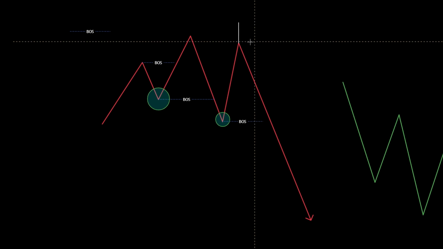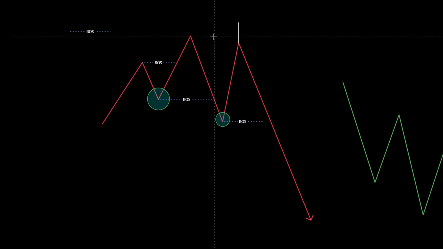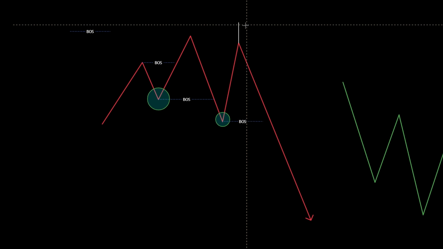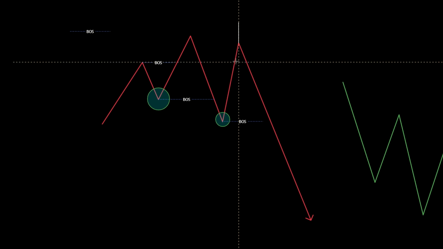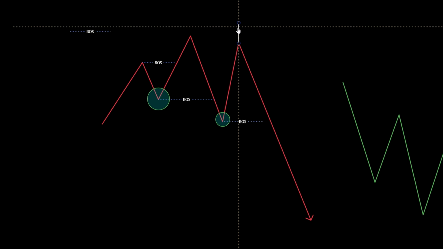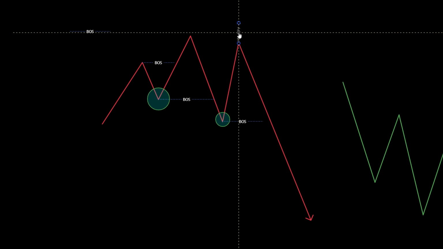A wick is just a manipulation or a liquidity sweep, whatever we want to call it. We'll come on to those later. It's just to grab extra fuel to fuel the move down. So you could get a move up with a wick, but then the candle fails to close outside of that high. That is also a failure.